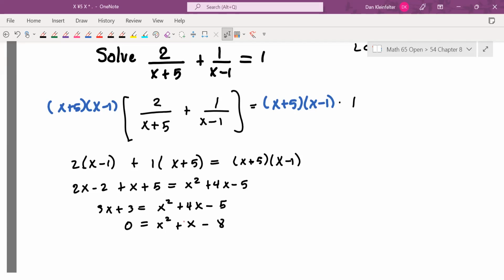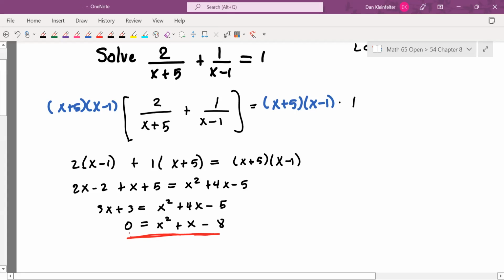And how did I know that something was wrong? Well, I had gotten to the end here, and I'd gotten down to a polynomial that I wasn't going to be able to factor. Here, two numbers that multiply to -8 and add to +1. There aren't any integer solutions to that.